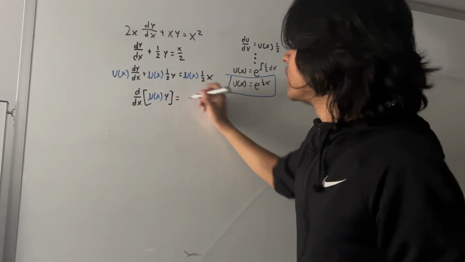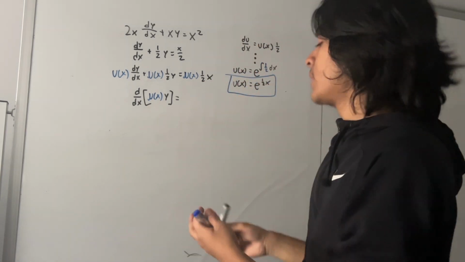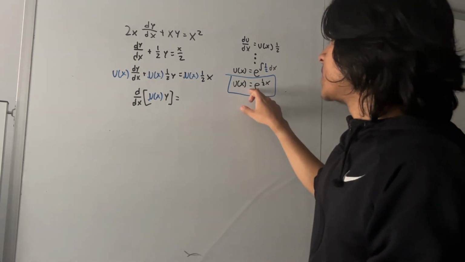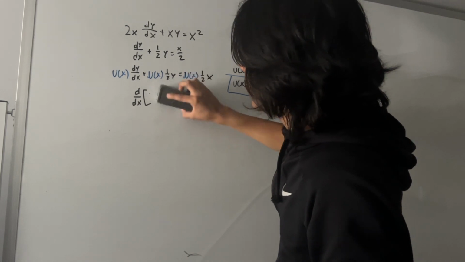And I'm just going to write out the rest of this equation. Because we know what u of x is, we could just substitute this in for that. I'm just going to do that right now.